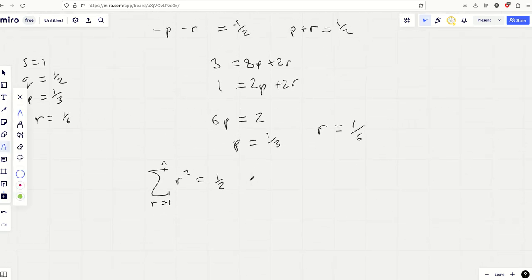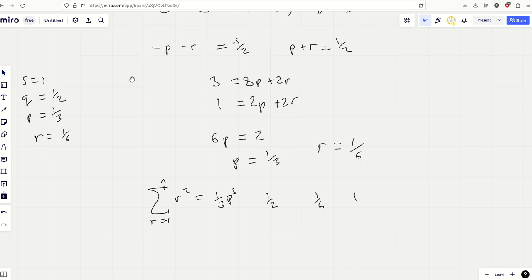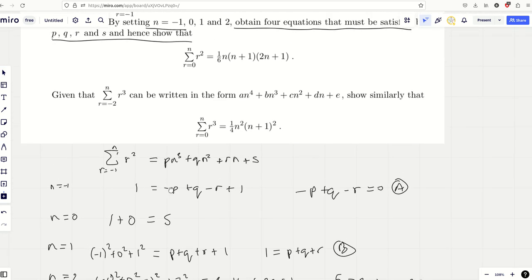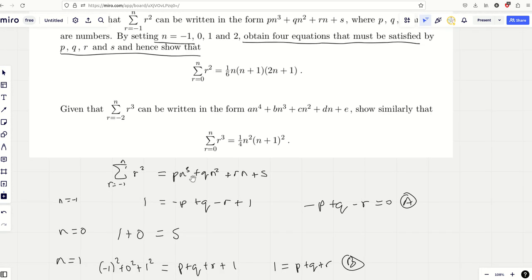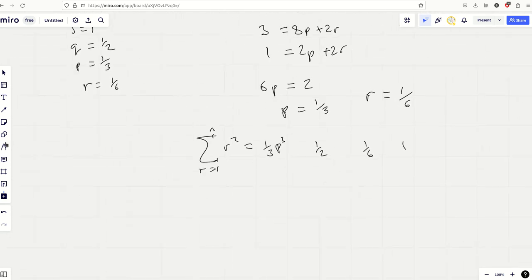That's a third n cubed, let me just check that is right. I felt like I'd done something wrong there, but I've just found p. Silly. So a third n cubed plus a half n squared plus a sixth n plus 1.